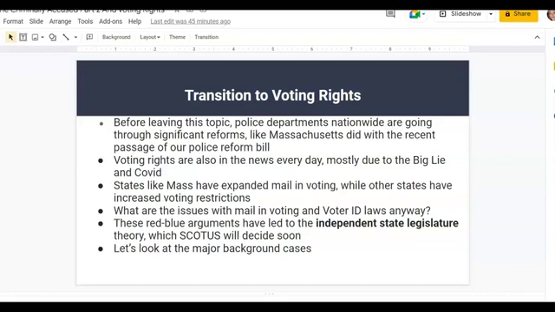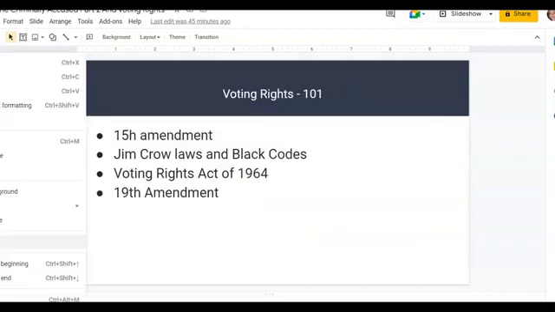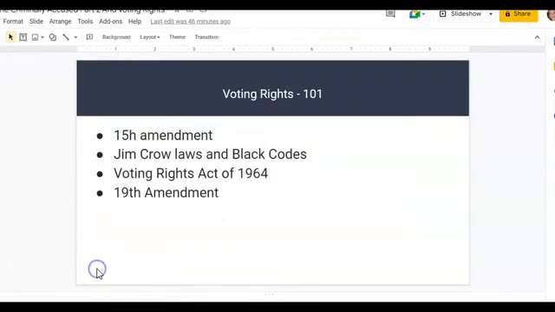But let's look at some major background cases that have to do with elections, and that will allow you to look at that through a more informed lens. All right, so before we get to the actual cases, remember back to Voting Rights 101, right?